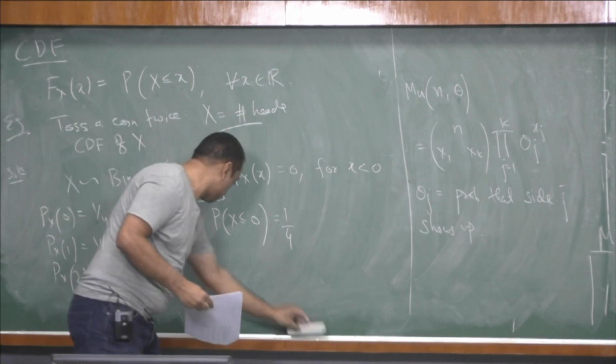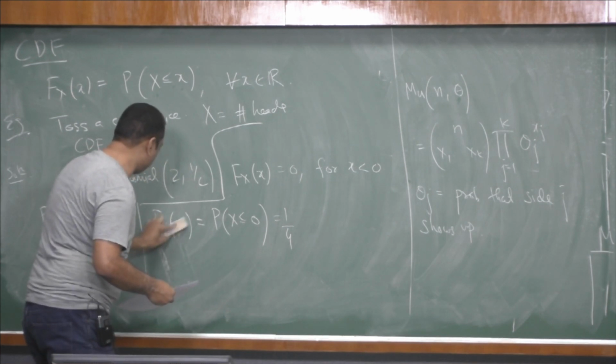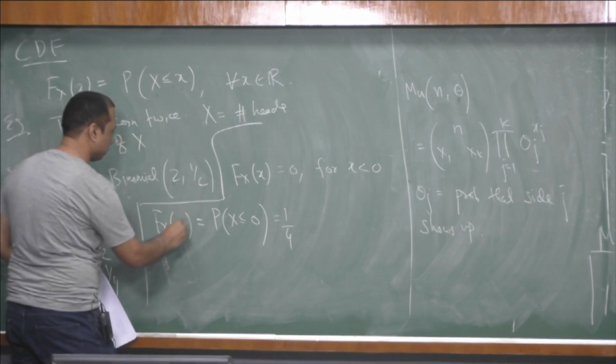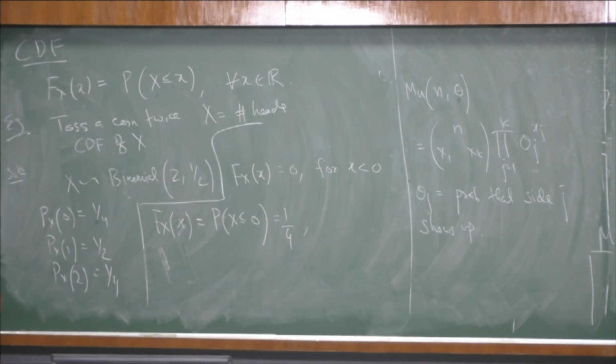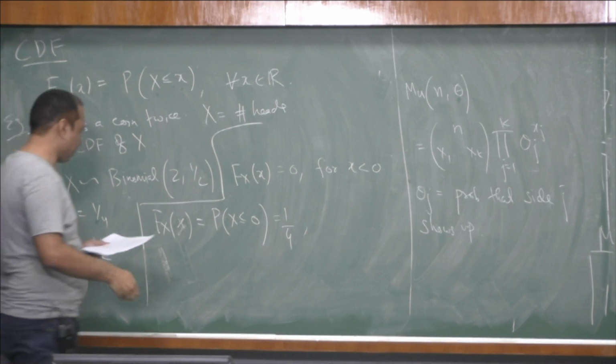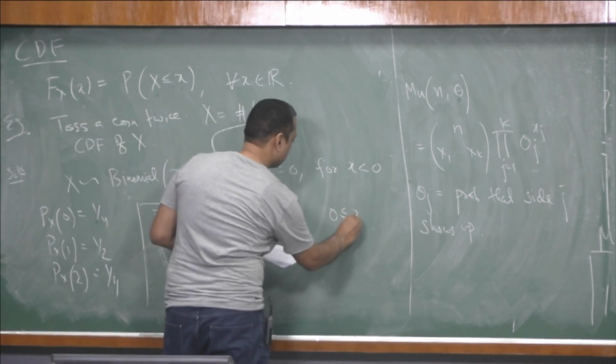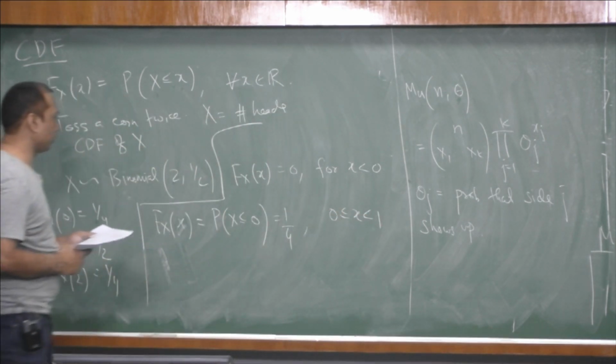Let us do it in a way that things are covered well. Let us keep using this, and then separately we will say what F_X(x) is. So if x is between 0 and 1, that is, 0 less than or equal to x less than 1.